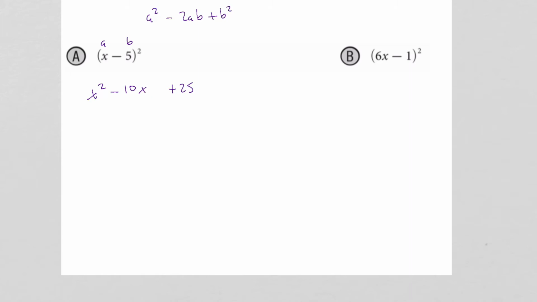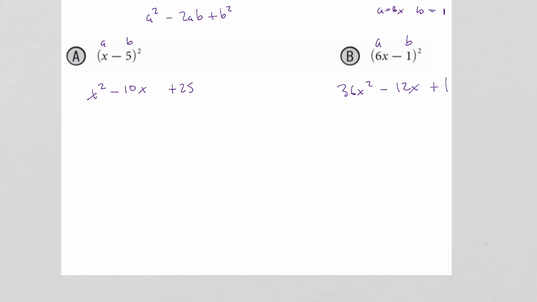So let's try another one. Here's a and here's b. To clarify, a is 6x, b is 1. So (6x)² is 36x². And 1 squared is 1. And now we do minus 2 times 6x times 1. Done.